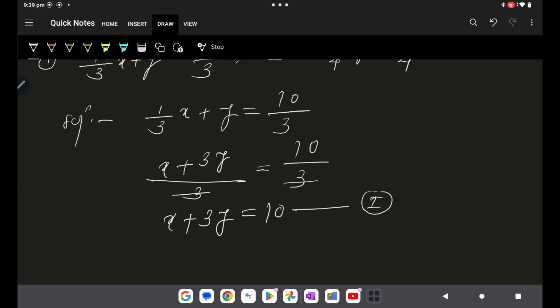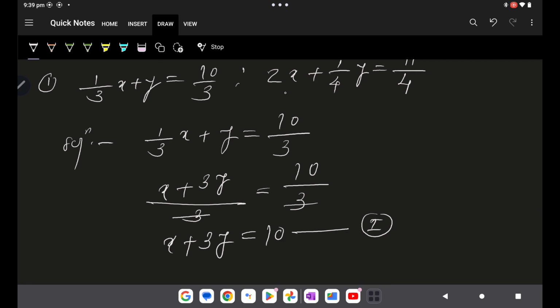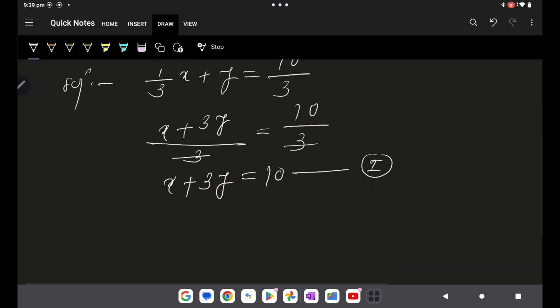Next we solve the second equation. The second equation is 2x plus 1 by 4y is equal to 11 by 4.